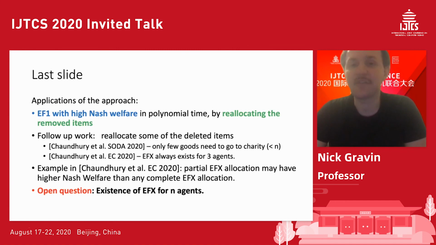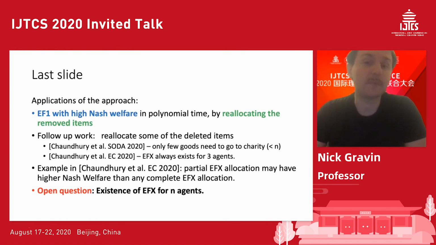Second, after publication of our work in EC 2019, just the next year, there were already 2 papers that relied on our work and got quite a few exciting results. For example, they proved that very few items need to be donated to charity.